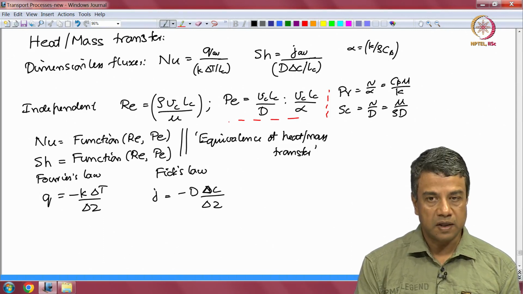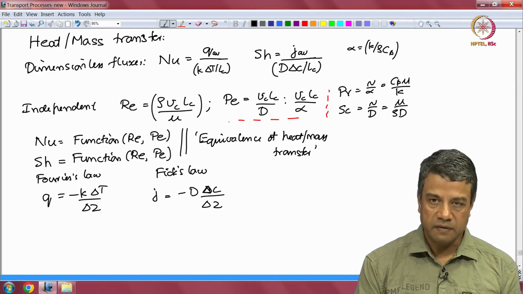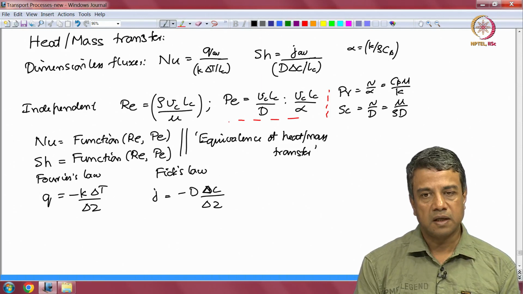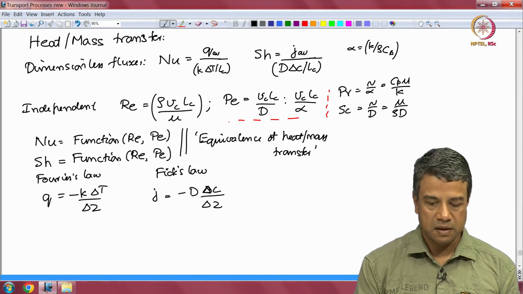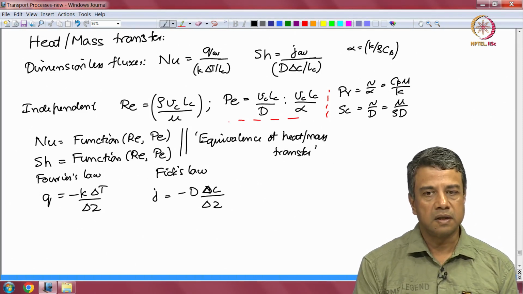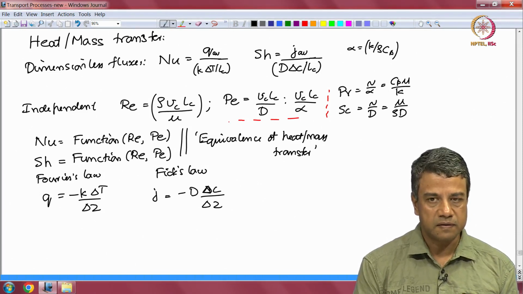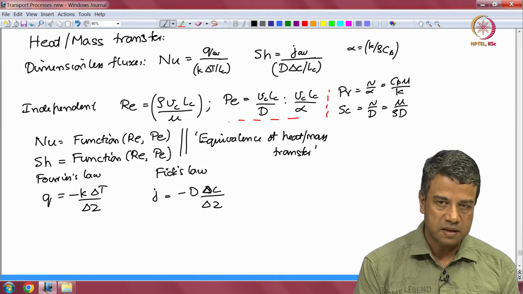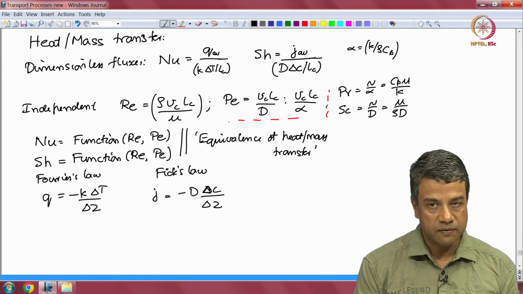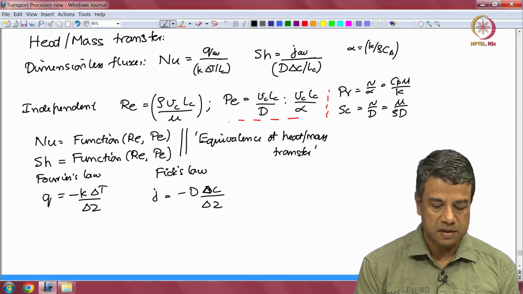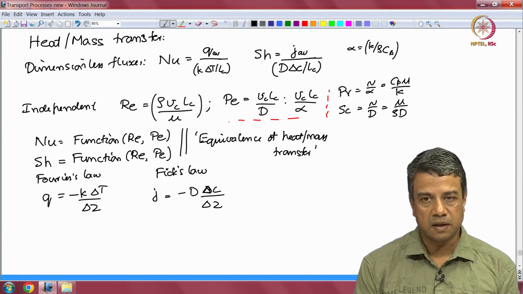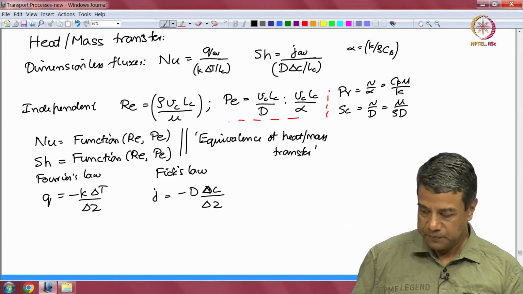So, if the flow details are the same, the convection is the same, and the diffusive processes are exactly equivalent to each other, and therefore, the correlations for heat transfer and the correlations for mass transfer have the exact same form if you interchange the Sherwood and the Nusselt numbers and the thermal and mass Peclet numbers.